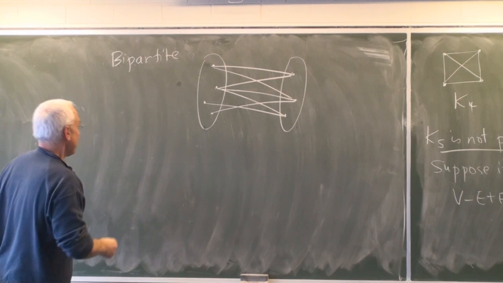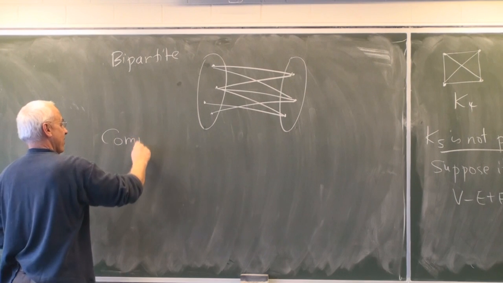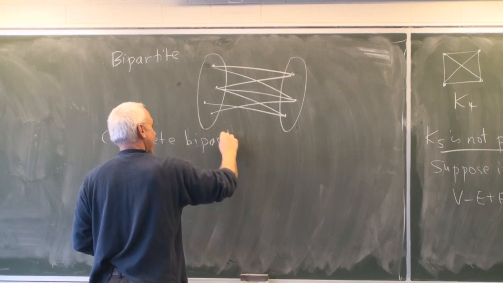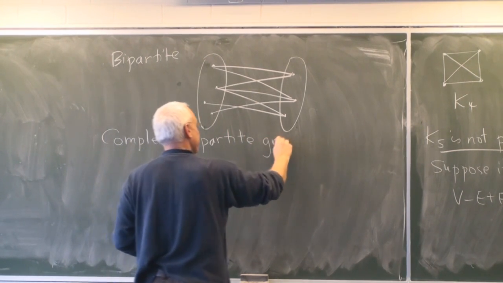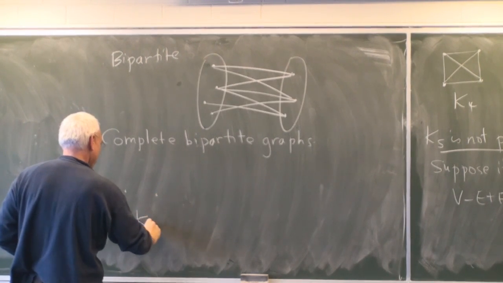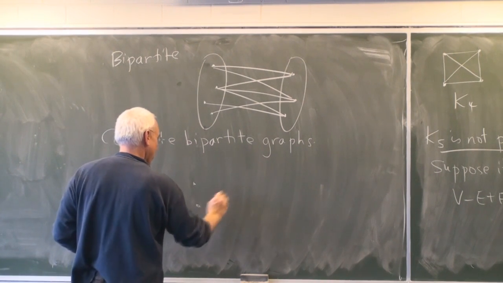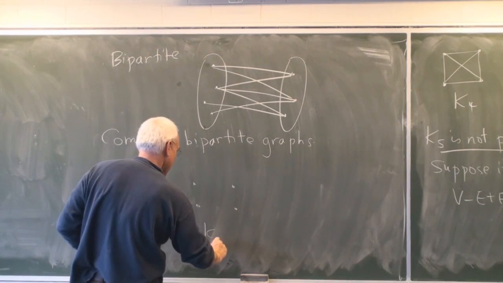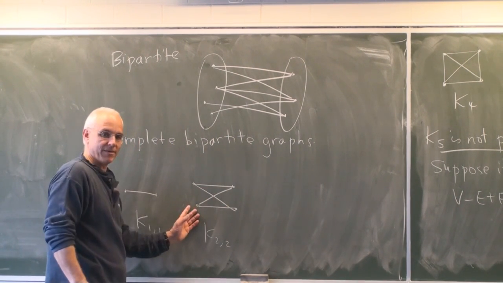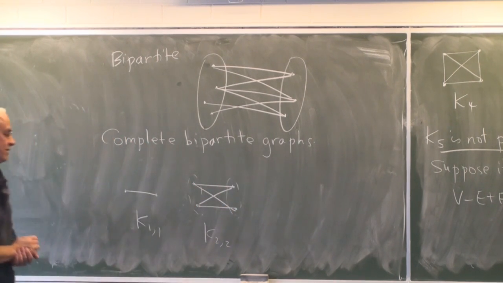Okay. So then there's the complete bipartite graphs. Well, if there's just 1 and 1, so we might write K11, that's just going to be like that. And then if we have 2 here and 2 here, K22, well, that would be all the possible edges that we could draw, keeping this set and this set as the two basic sets.